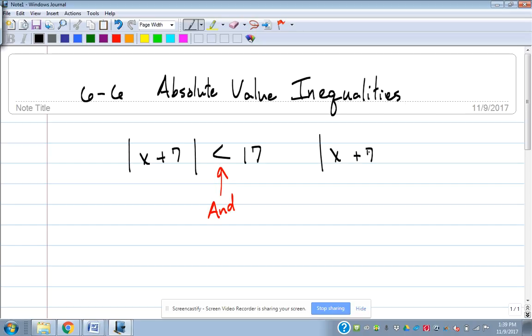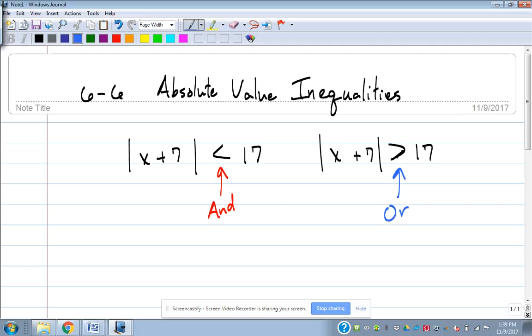If x plus 7 is greater than or equal to some number, that greater than symbol tells us it's an or problem.